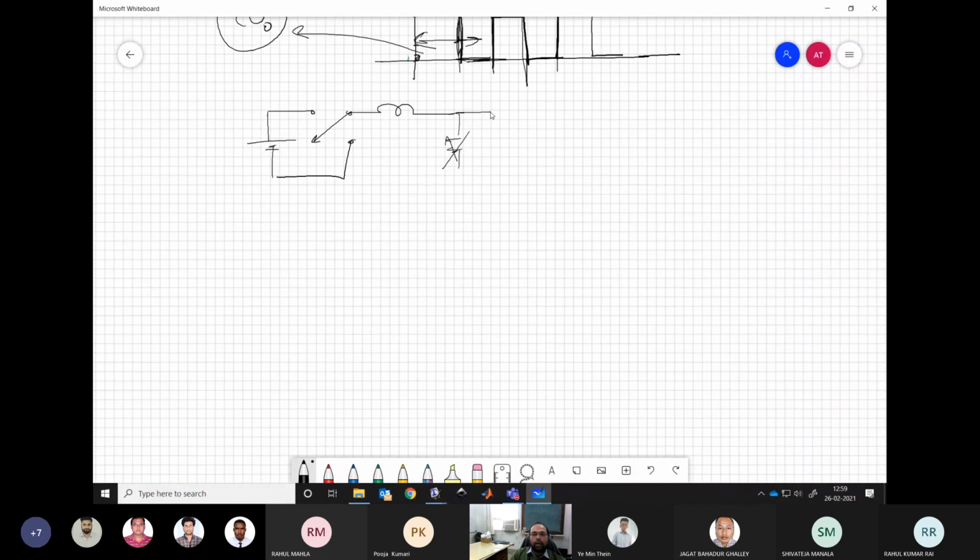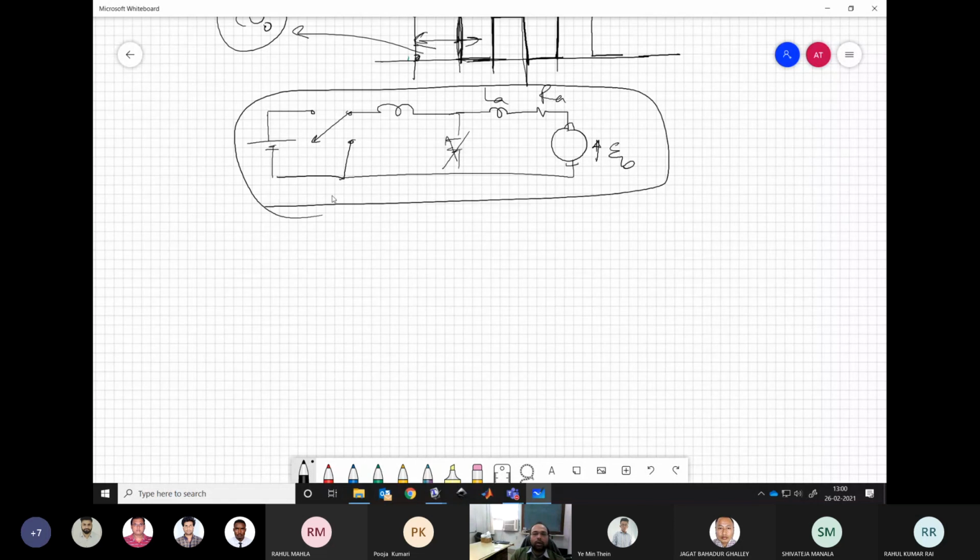We may have directly our machine, because this itself will have some amount of armature inductance and resistance, and then the EB coming over here. So this could be a simple arrangement of how our power converter and our motor are connected to the source. For motors, we may ignore this DC bus, I mean the DC capacitor over here. So this could be one typical example of how we connect our power converter with the DC motor.